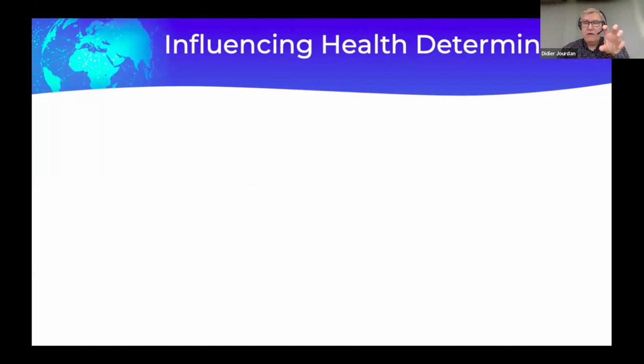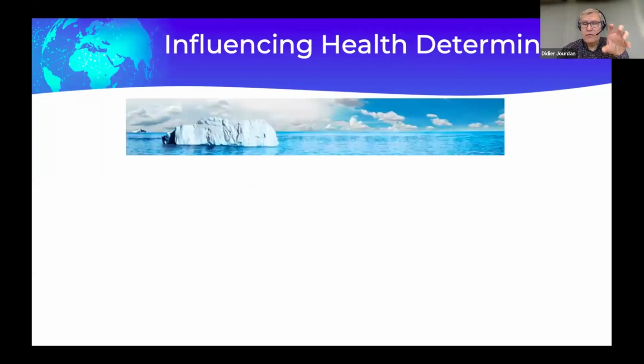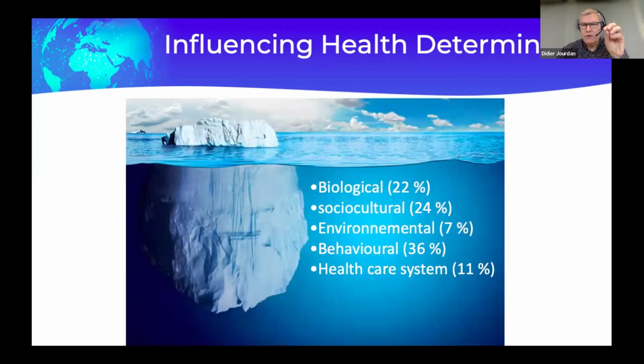From the health sector, what's important is the iceberg. Why the iceberg? Because you know the iceberg, you can see only 10% on the surface. The most important part of the iceberg is not visible. And it's the same for determinants of health.